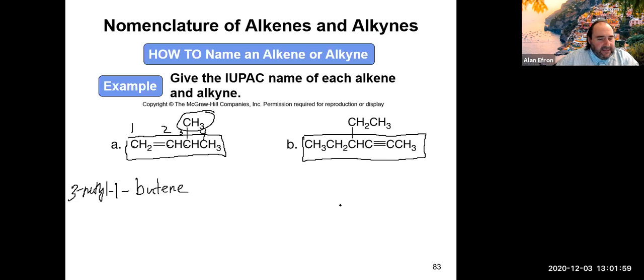So that is 6 carbons with a triple bond. 6 carbons is hexane. Triple bond makes it hexyne. Location of the triple bond, you could probably see that if you go 1 and 2 this way, that gives it the smallest number. So that's going to be 2-hexyne for the location of the triple bond.